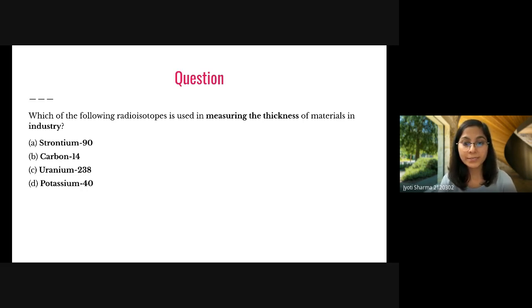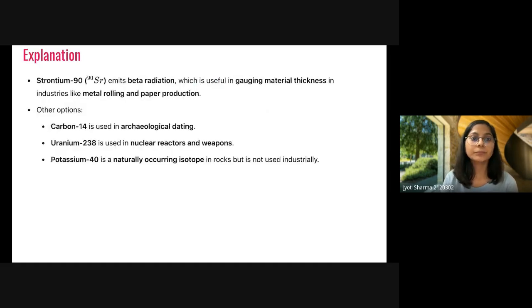So the right answer is A, that is strontium. This is something that you have to remember, not very logical in nature, but the properties of strontium are like this, that it can be used to measure the thickness of material in industries. So here I have written something.